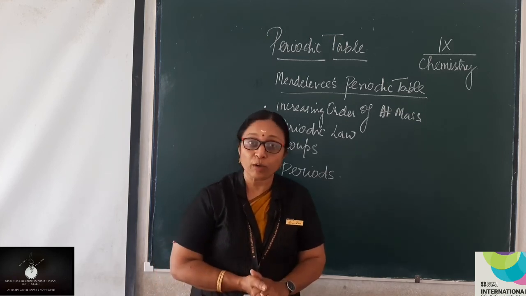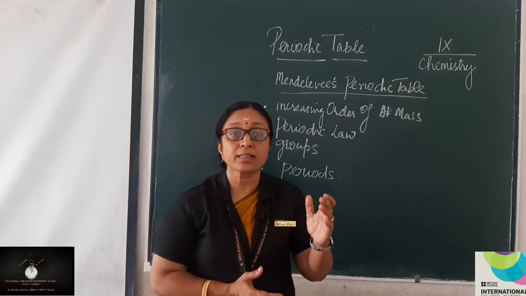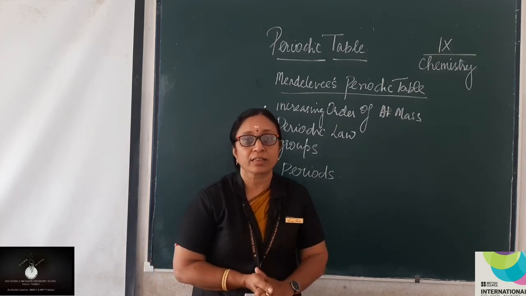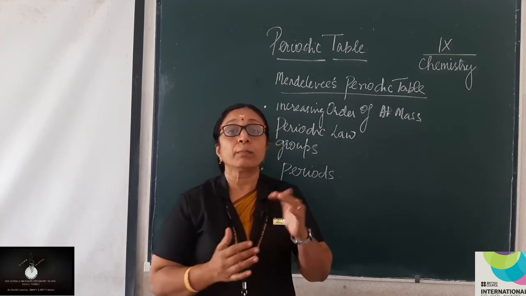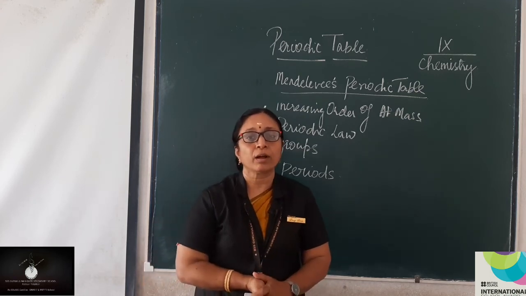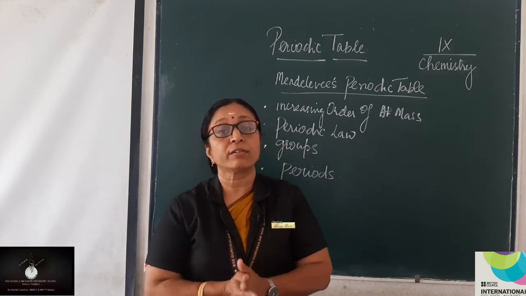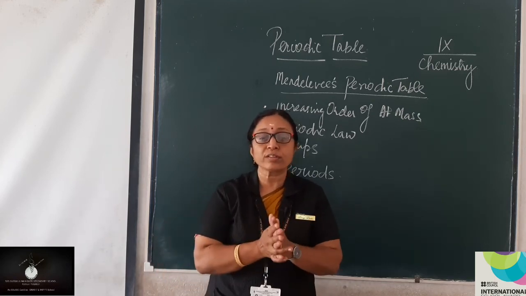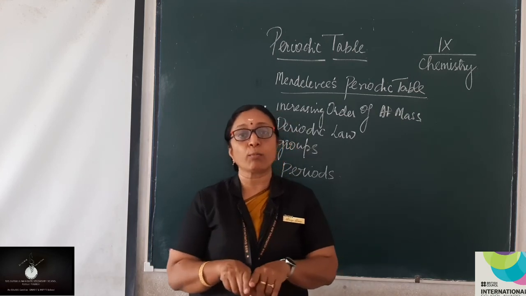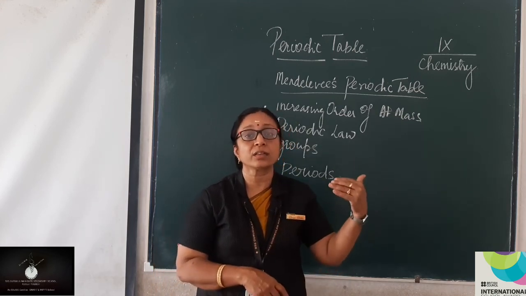I hope you have understood what is Mendeleev's periodic table, what are the merits and what are the demerits, isn't it? So, before winding up the class, let me give you a quick recap. What is Mendeleev's periodic table? Mendeleev was a Russian scientist who first formulated a table to arrange the then existing 63 elements.